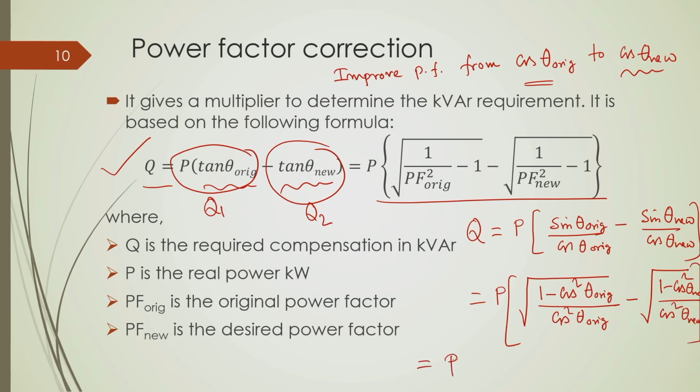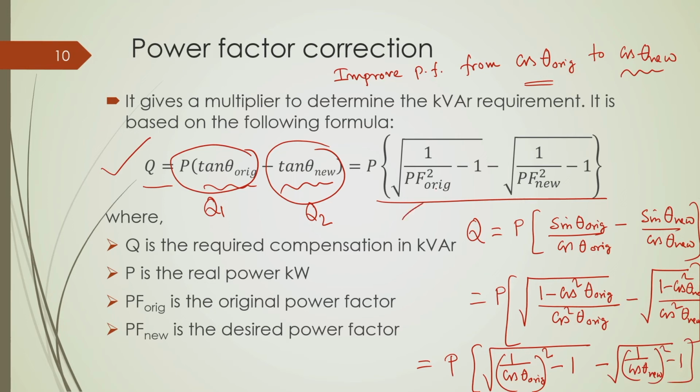So, this is basically equal to, this part you will see, this part will be minus 1. So, this will be 1 upon cos square theta original minus 1, and this will be 1 upon cos square theta nu minus 1. So, this is nothing but this. Okay. So, if you can remember this formula, you can directly get the capacitor size in order to improve this power factor from cos theta original to cos theta nu.